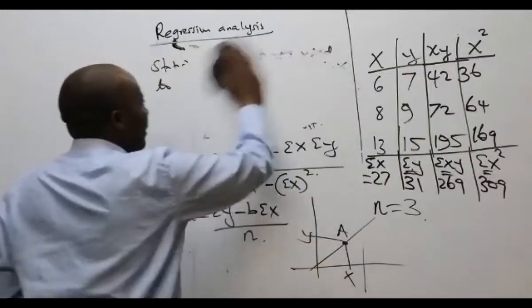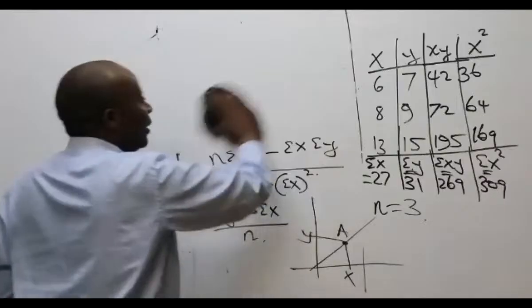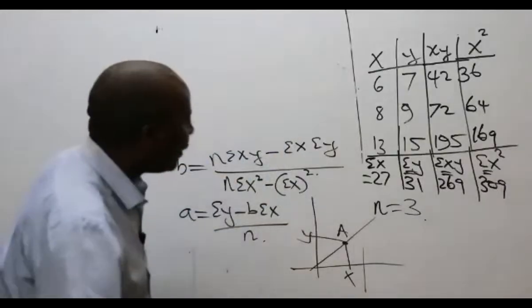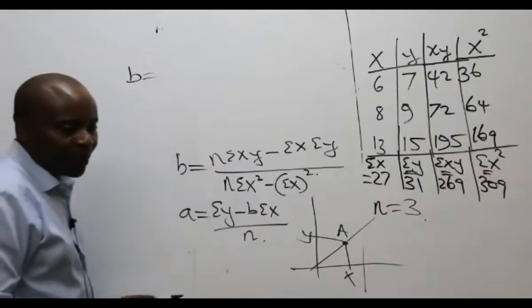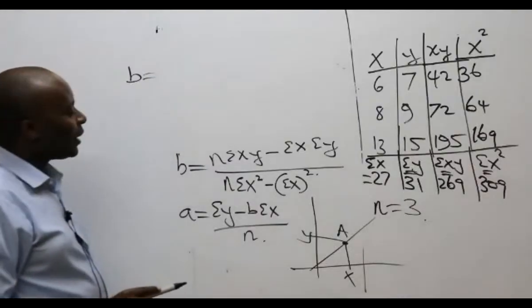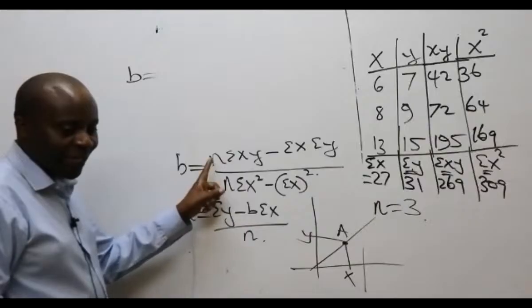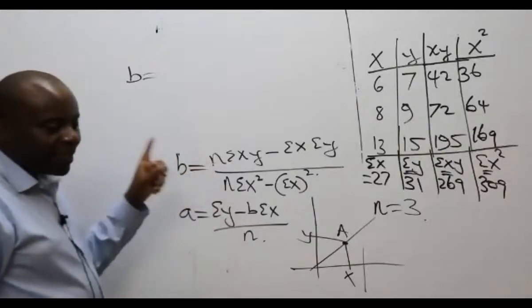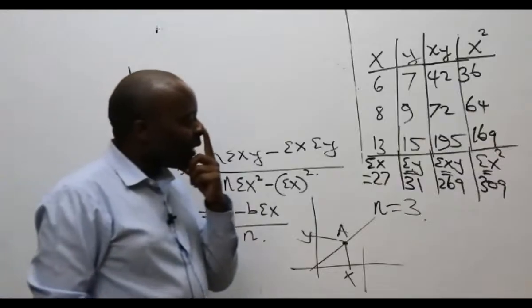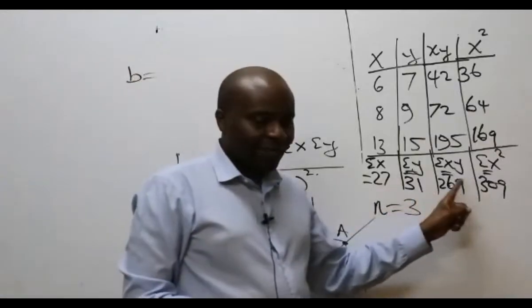The next thing now is to plug in the values that we have in the formula. Please give me the value of B. What do we have here? Oh, Brian tells me to interchange 269 and 309.